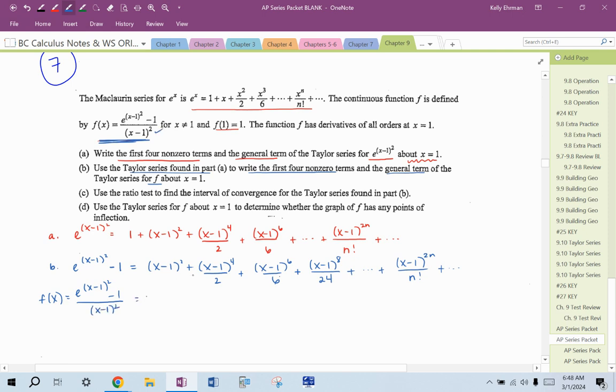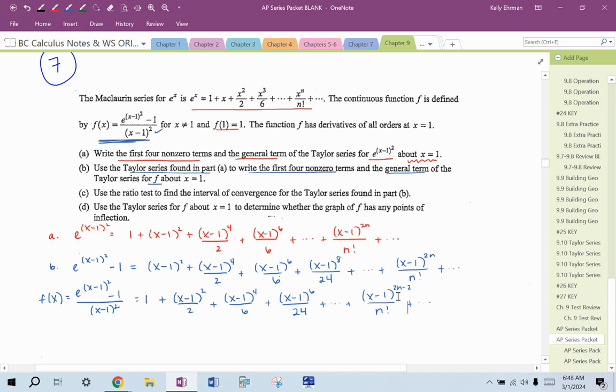So if we divide every term here by (x minus 1) squared, we're back to getting 1 plus (x minus 1) squared over 2 plus (x minus 1) to the 4th over 6 plus (x minus 1) to the 6th over 24 plus dot dot dot plus (x minus 1) to the, now you can make this 2n minus 2, that's what we're doing, over n factorial.